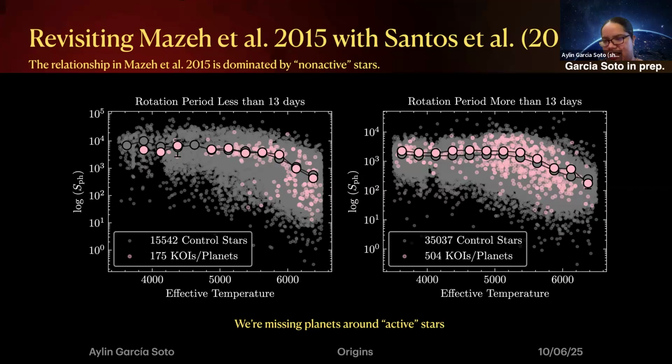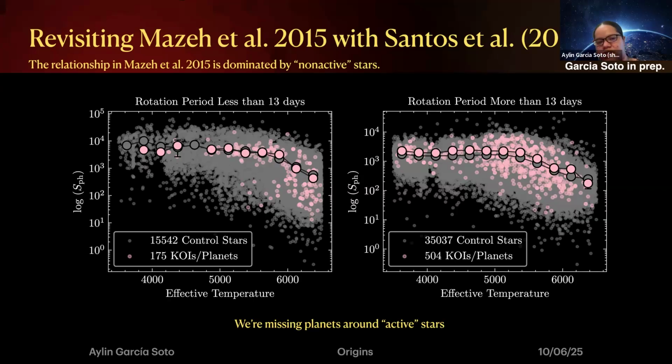You're still seeing this, except we don't really see much active stars. So there isn't a selection effect, if that makes sense. The result is real for inactive stars, or stars that rotate slower, more than 13 days. But we don't really know what that is for the active ones because when you have an active star, you have a higher amplitude.